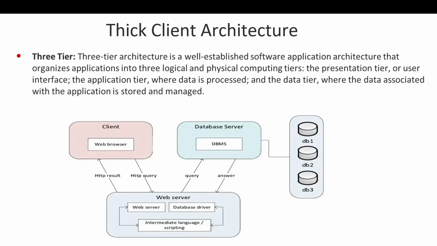Three-tier is a well-established software application architecture that organizes an application into three logical and physical computing tiers: the presentation tier, the user interface; the application tier, where the data is processed; and the data tier, the third tier, where the data associated with the application is stored and managed. So the question is, how do we identify whether the application is two-tier or three-tier?